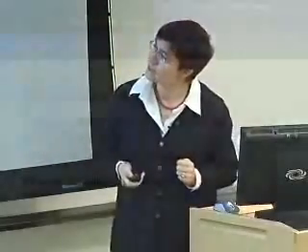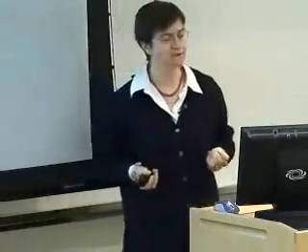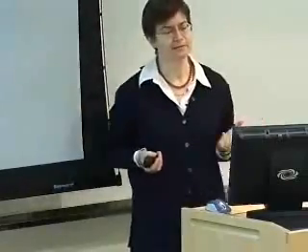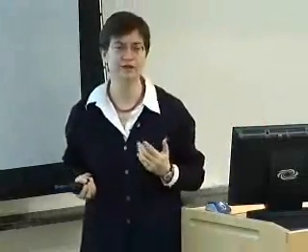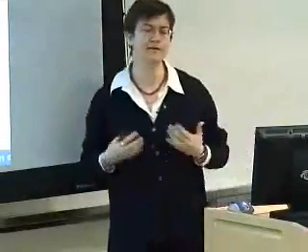Okay, so let's go now a little bit more, second half, into the details of what we have. Termination results. We use a specific rewrite-based inference system, which is called SP, from superposition. Specific, but in fact quite standard.